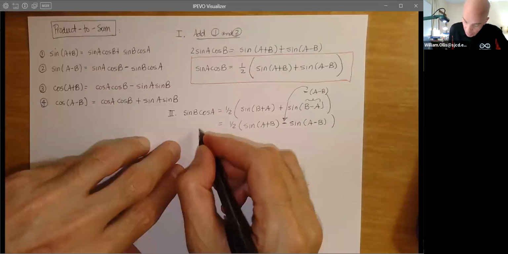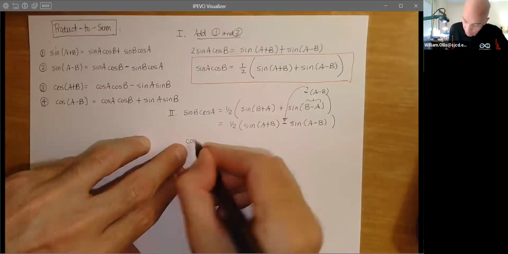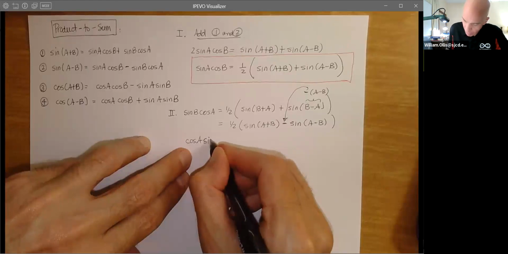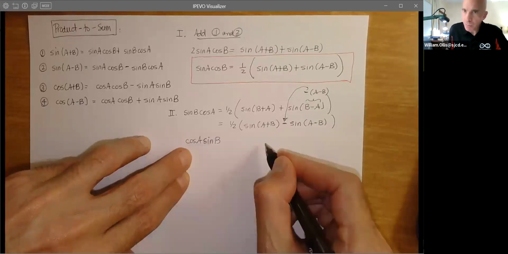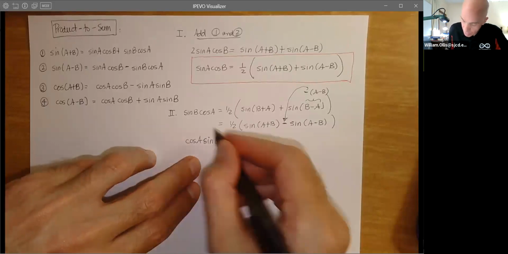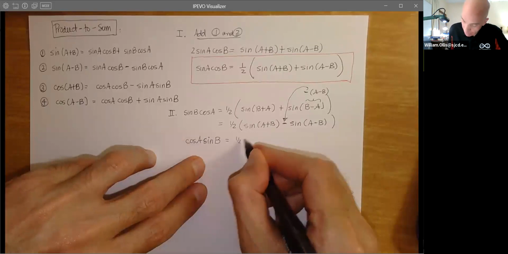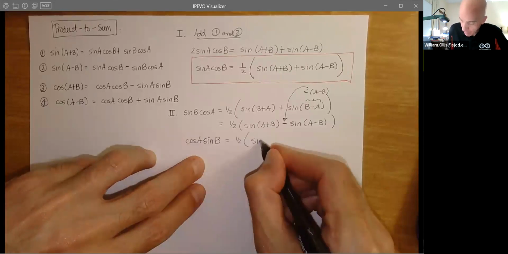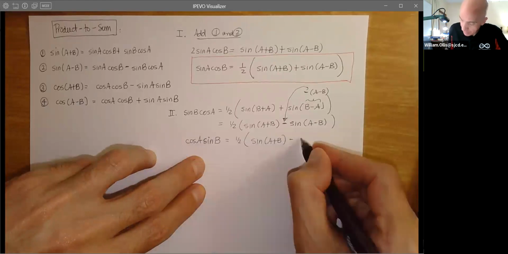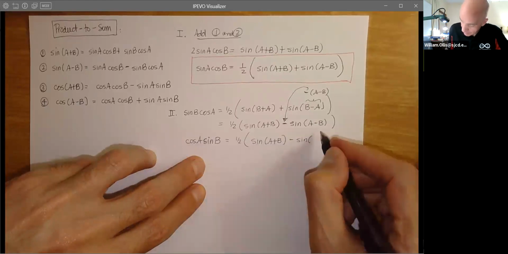I'll do the cosine first. You're thinking this is redundant. We don't even need this problem. But the books like to write it down, and it's helpful for the sum to product. So this gives us 1/2 [sine A plus B minus sine A minus B].